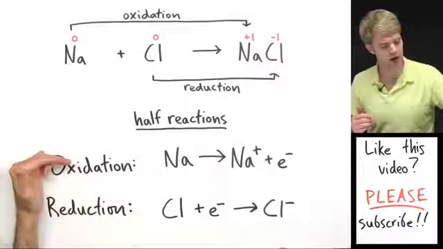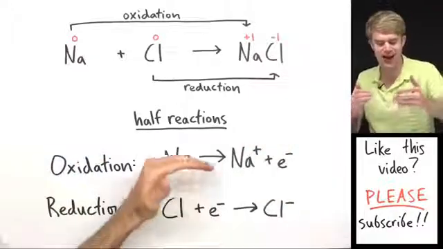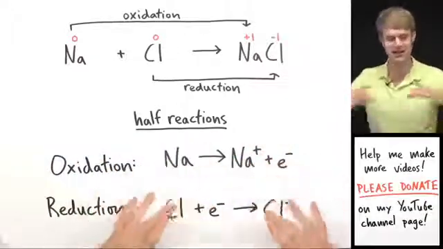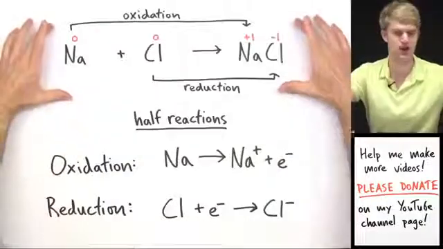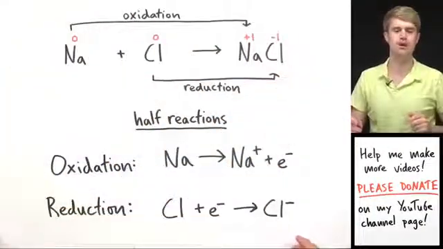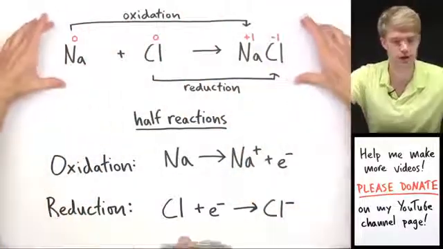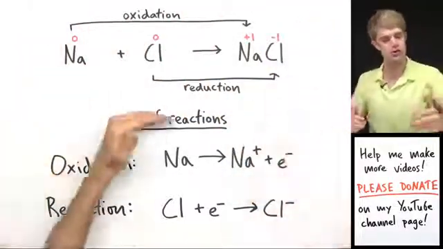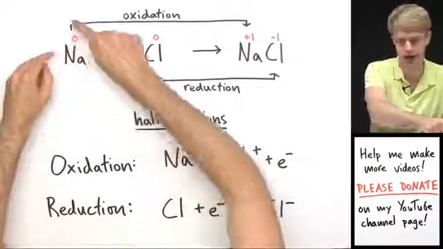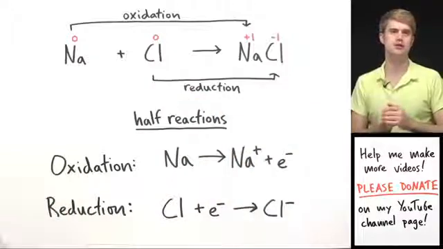They show either oxidation or reduction, and they're called half reactions because they each kind of tell half the story. You put them together and you get the big picture reaction that shows both oxidation and reduction. So for every oxidation-reduction reaction like this one, you can write two half reactions, one for the oxidation that takes place and one for the reduction that takes place.